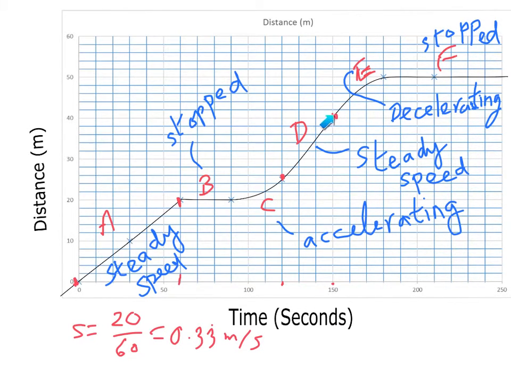And the distance traveled is, if you go that way, 40 here. And then if you go from this point straight this way, it's about 22, 24, 26, 28, 30.